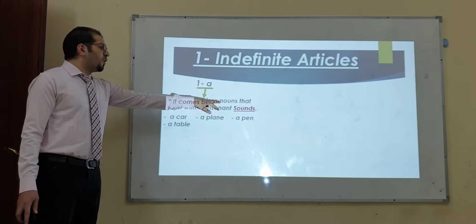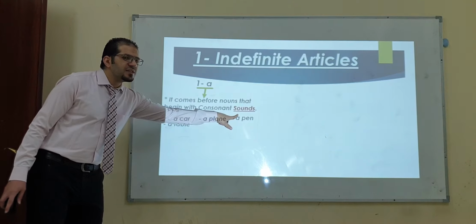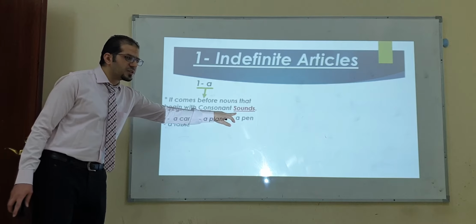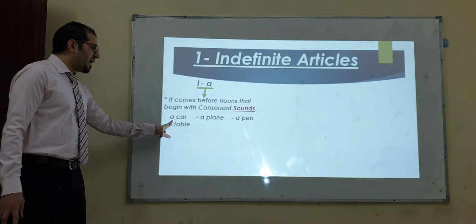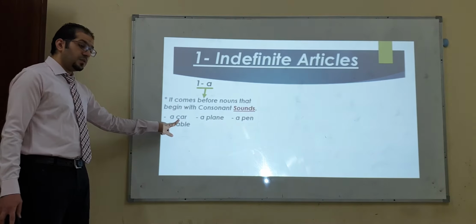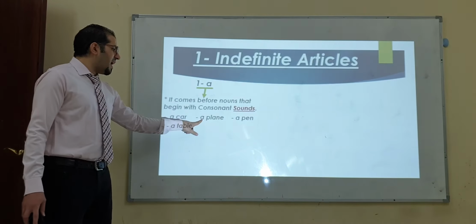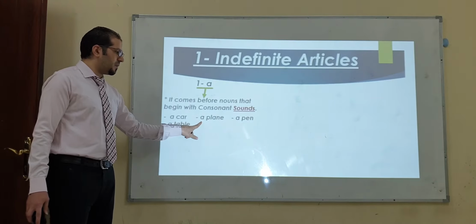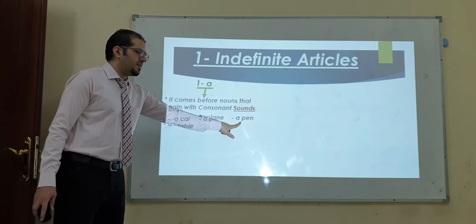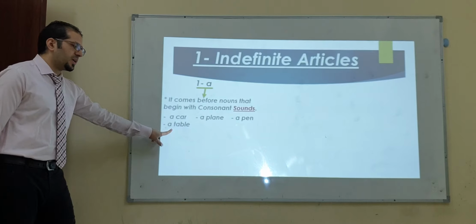A is used for nouns that begin with consonant sounds. Like a car. Here car starts with a k sound. A plane, a pen, and a table. T is also a consonant sound.